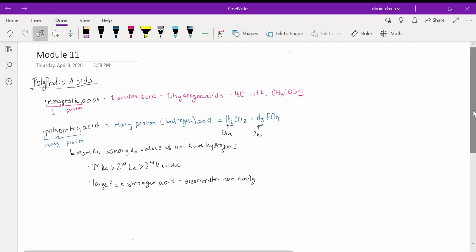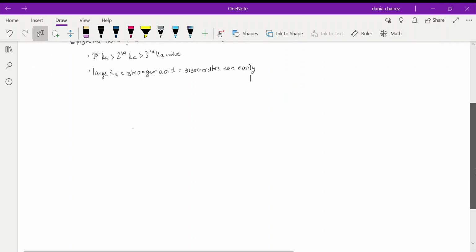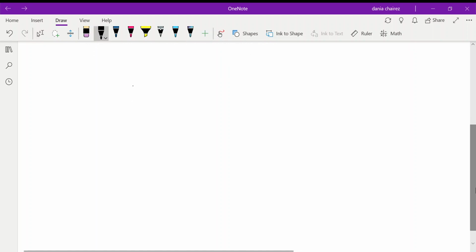So then, I'm going to scroll, because I keep forgetting that I can scroll in OneNote instead of erasing. Then we're going to do an example for finding the pH of a polyprotic acid.